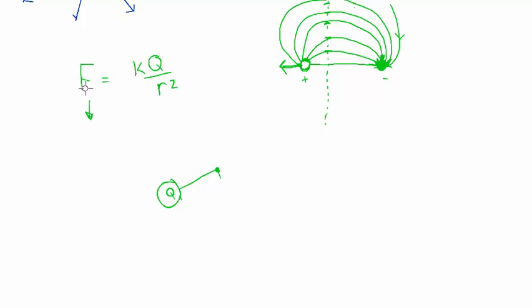Sorry, I made a mistake here. Force is the charge of one charged particle times the charge of another charged particle, multiplied. So the stronger these two are, the stronger the force is that they exert on each other. Field strength is the force per unit charge.